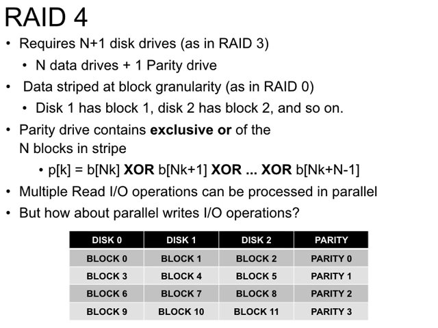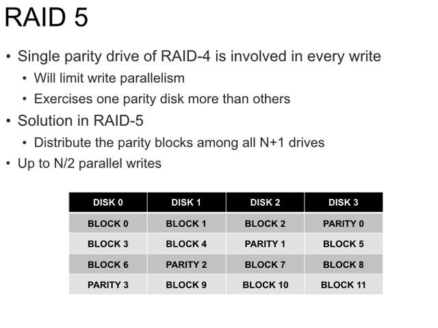It's fairly straightforward to overcome the parity disk bottleneck. In RAID 5, instead of having a single parity disk, we spread out the parity information across all the disks. So again we have 4 disks as in the previous figure, but there is no dedicated parity disk.